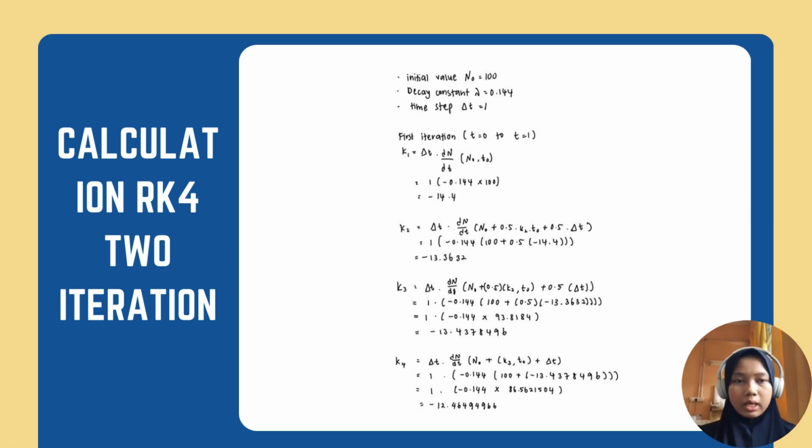For the k3, we will get 1 times negative 0.144 times (100 plus 0.5 times negative 13.3632), and we will get that k3 will be equal to negative 13.4378496.